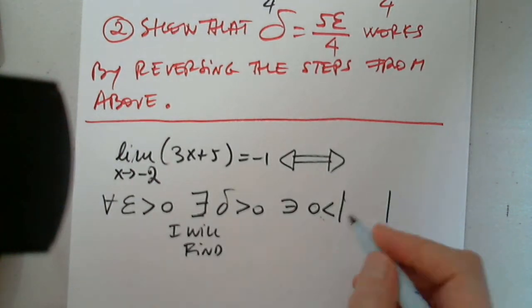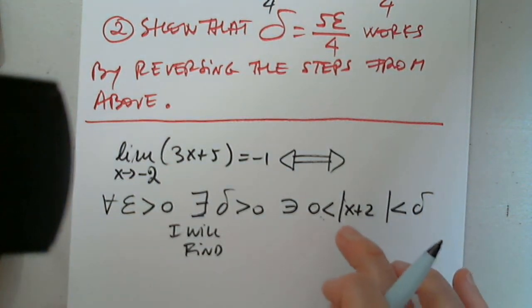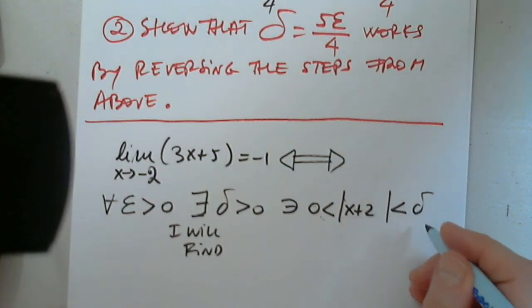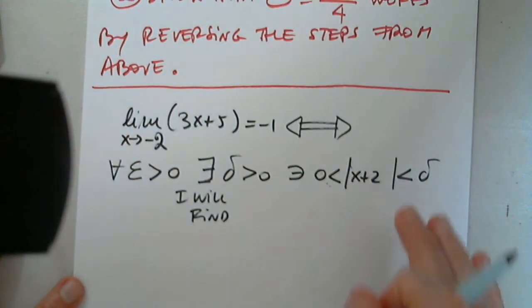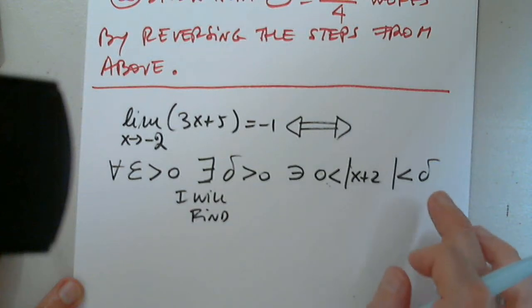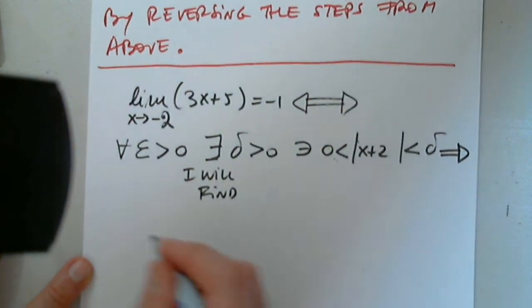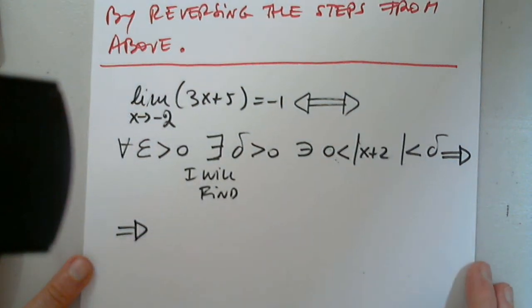Okay, what do we put in the absolute value? X plus 2. Very good. It has to be less than delta. The distance between x and -2 has to be less than delta. And if I choose x close enough to -2, in the sense that the distance is less than delta, what has to happen for sure?